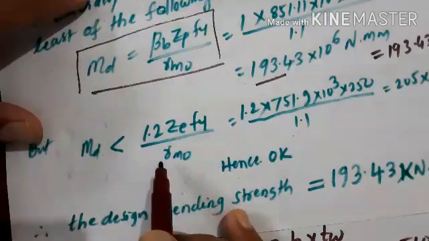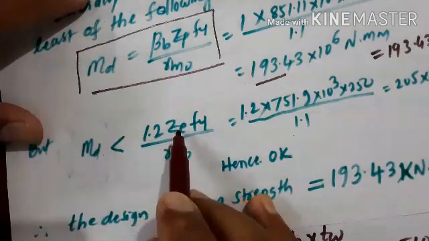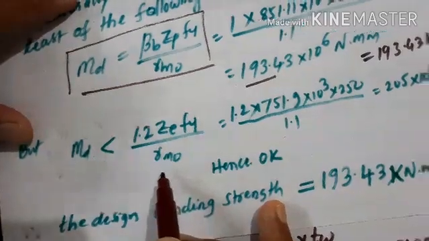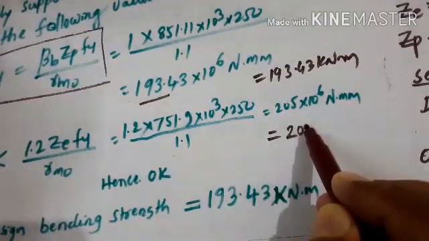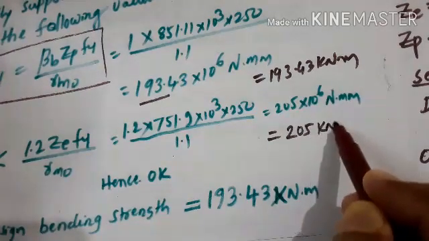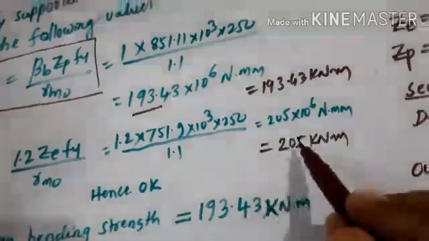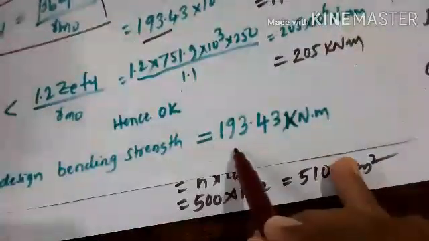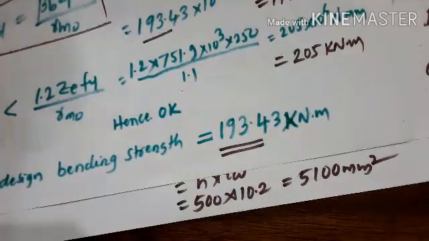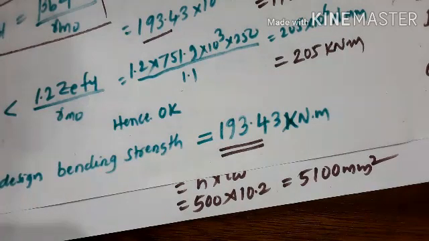For a simply supported beam, Md should be less than 1.2 ZE into fy divided by gamma m0. Then substitute here, and you will get this one, that is 205 kilonewton meter. So whichever is the least between these two, that is the design bending strength. This is the design bending strength.